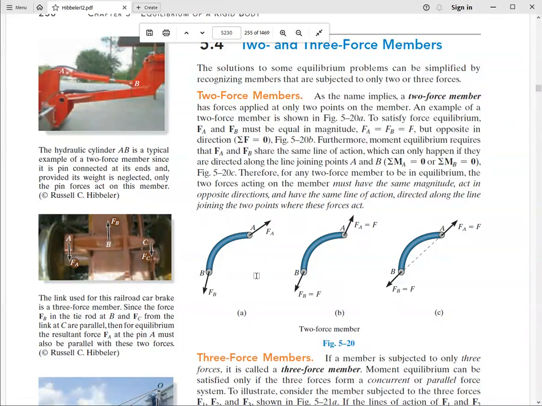So what is a two force member? One where there are only two forces acting upon the member, and they are in alignment. They don't generate a moment. So that means that this end force and this end force are equal.